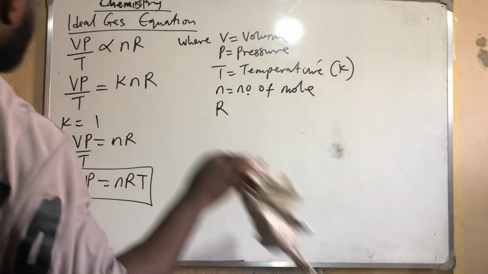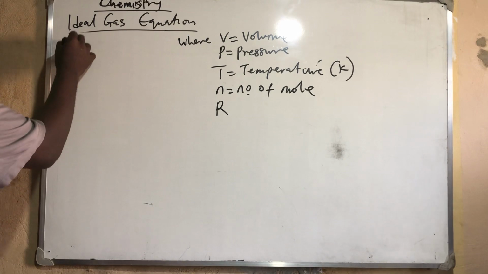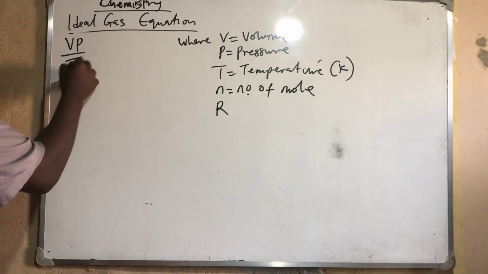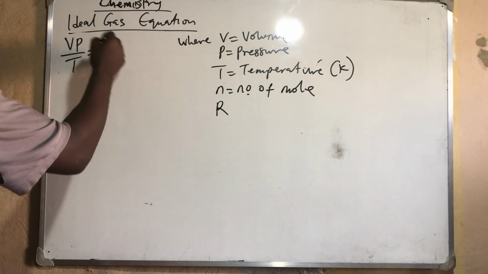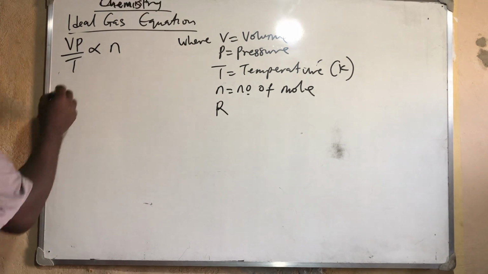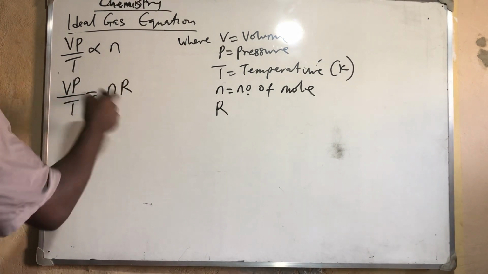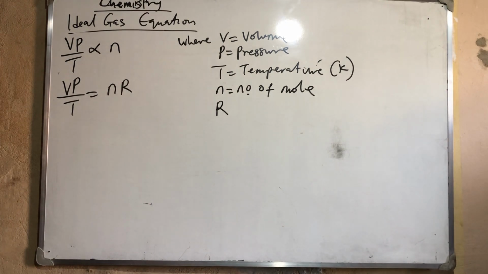Sorry, this is how this is supposed to be. PV over T is equal to n, so it's directly proportional to n. Therefore, PV over T is equal to nR, where R is the proportionality constant there.